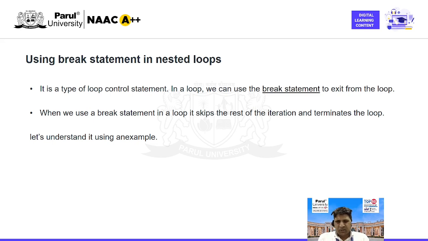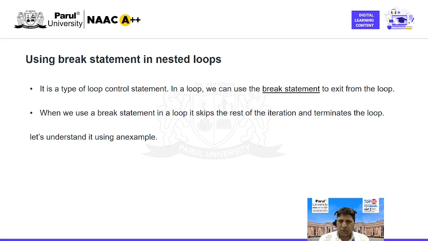Once a loop starts execution, if you want to stop the execution in between, before the loop is completed, you can use the break statement to stop or exit from the loop. In a loop we can use the break statement to exit from the loop.